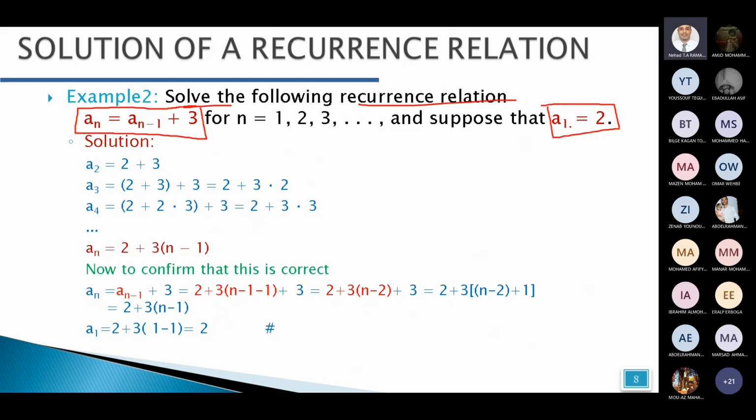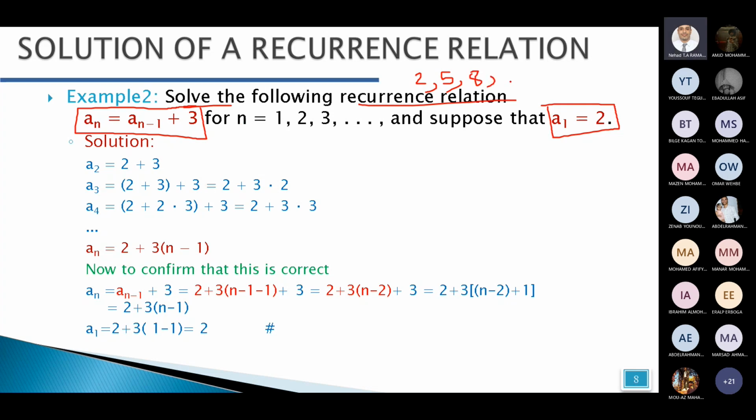Now it's different. We have initial A1 equal to 2. So the sequence here is 2. Next term, which is the previous term plus 3, is 5. Next term, previous term plus 3, is 8.